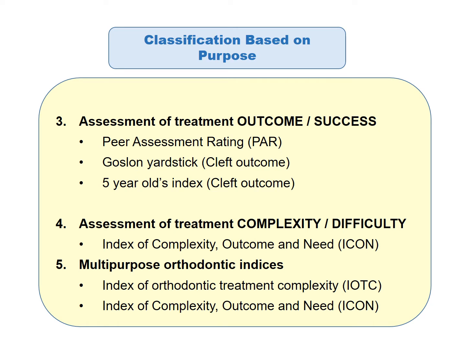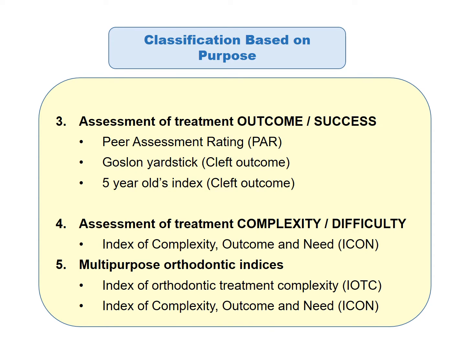We have the Gosselin yardstick and the 5-year-old index, both of which are used for cleft patients. The fourth purpose is assessment of treatment complexity and difficulty, and under this we have the index of complexity, outcome, and need, or the ICON.